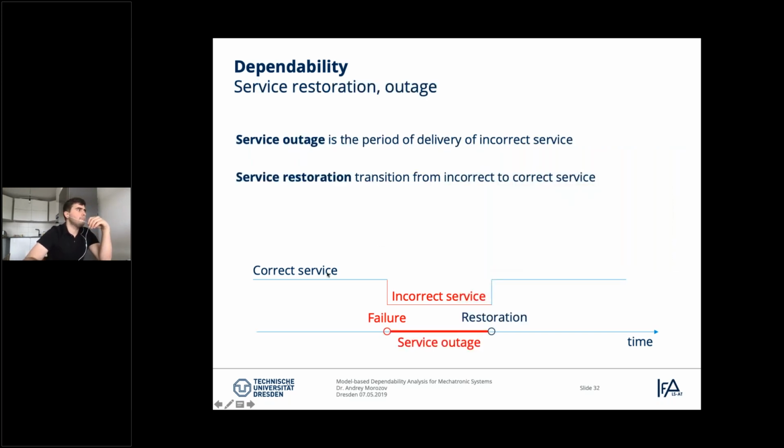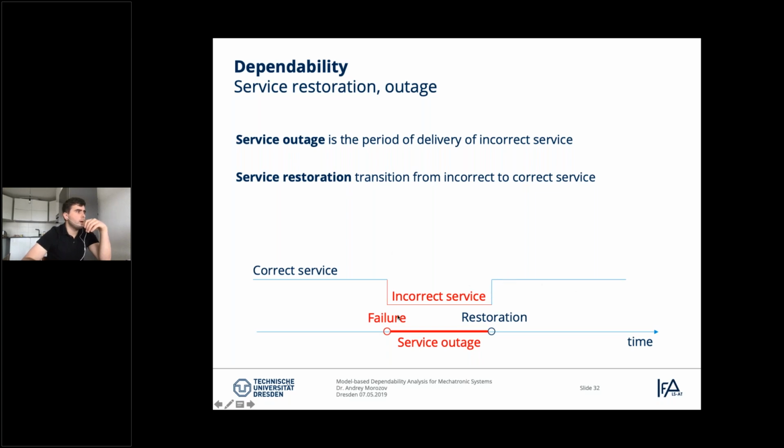After some time, the system can restore itself. For example, if the fault is not permanent, if the fault is transient, then it can just vanish or disappear by itself, or we can repair the system, and we will have the correct service again.